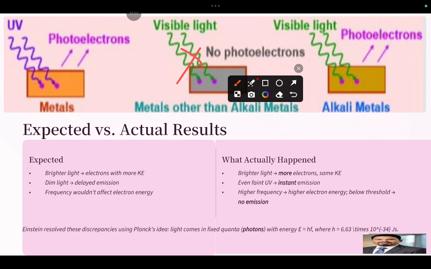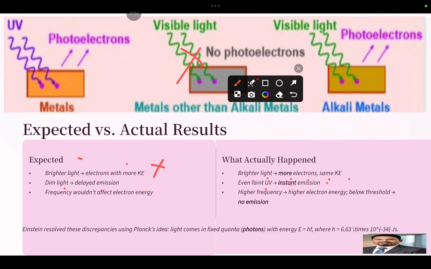What we believed earlier: brighter light means electrons with more kinetic energy. This was expected, but the fact is that brighter light means more electrons with the same kinetic energy. Dim light was expected to give delayed emission, but even faint UV light produces instantaneous emission.